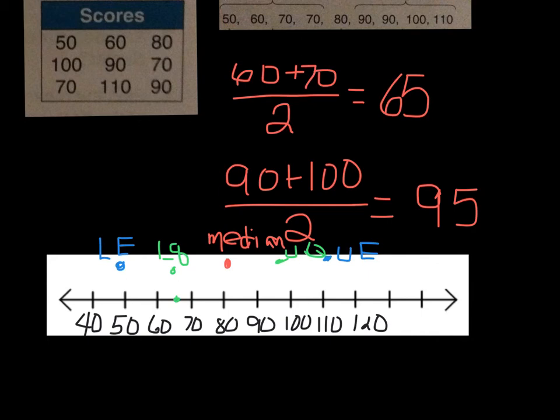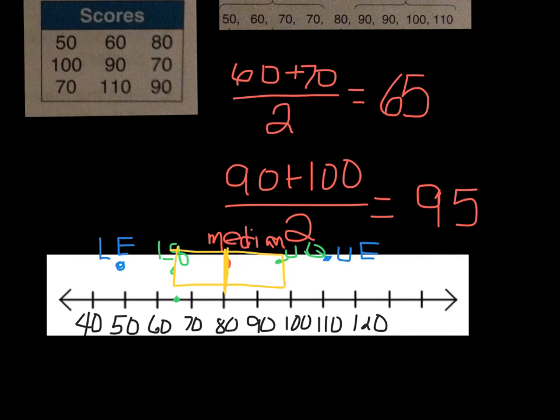So as we look at our next step, it now says to draw a box that ends at the lower and upper quartiles. So we're going to draw that box at the lower and upper quartiles. So that would be here to the upper quartile. It looks more like a rectangle. And then it says, draw a vertical line segment through the box at the median. So here's our vertical line segment right here.